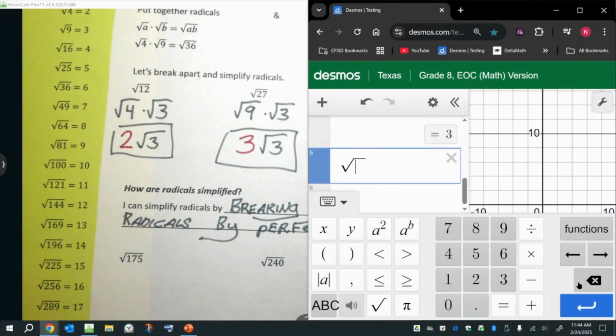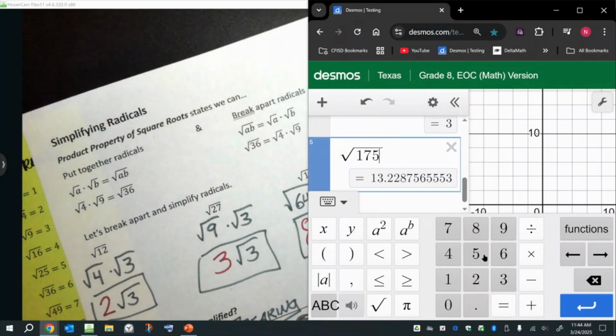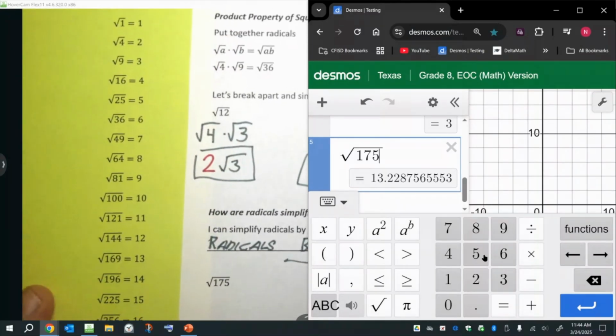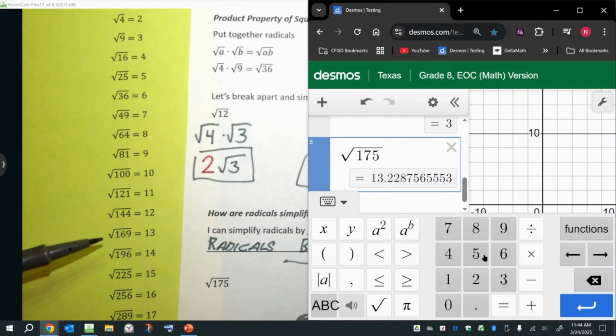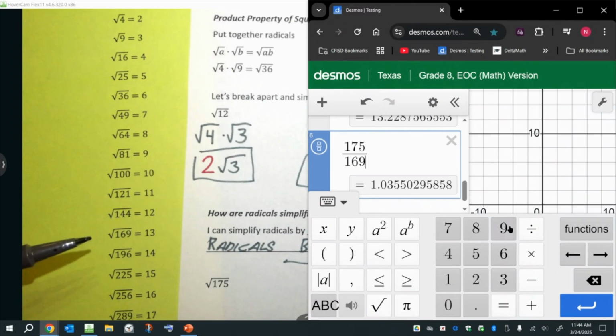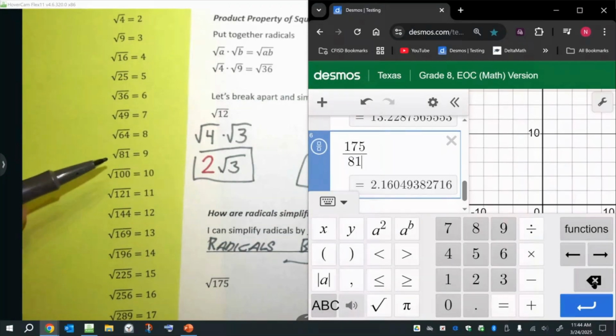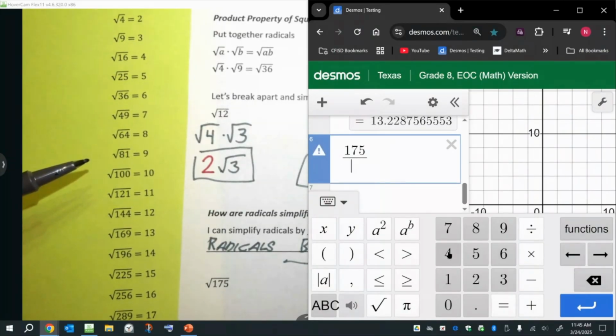Square root 175. Poopy. So let's see, 169. So let's do 175 divided by the next biggest perfect square. No. How about the next biggest perfect square? No. Keep going down: 36?